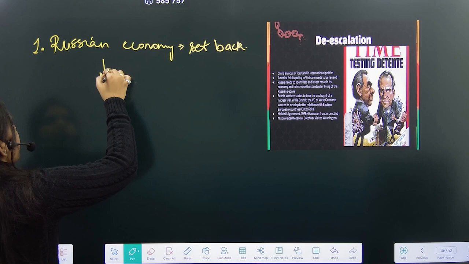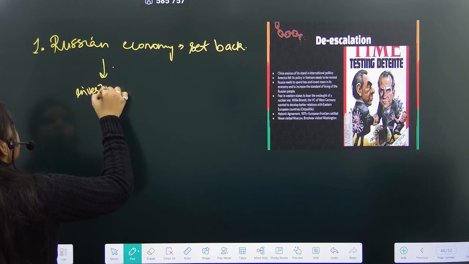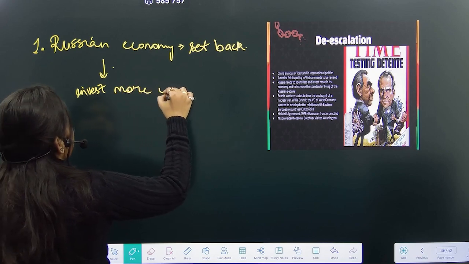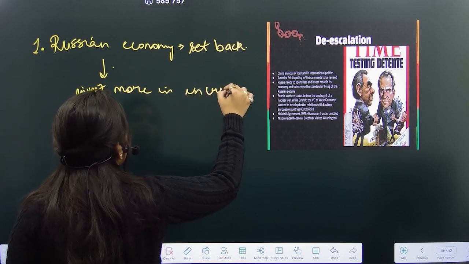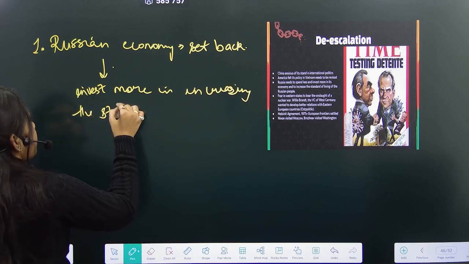Russia aimed to invest more in increasing the standard of living of people.